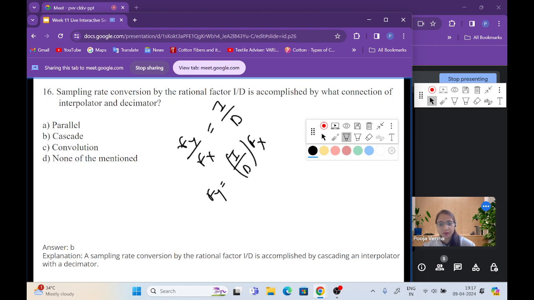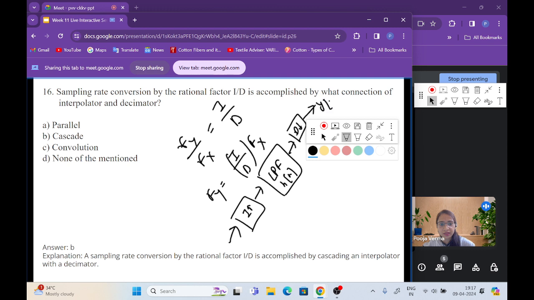It is connected by first the interpolator, then the low pass filter, that is h of n, then the decimator, then the output y of n, given the input x of n. The input sampled frequency is Fx and the output sampled frequency is Fy. Fy is related to I by D into Fx.